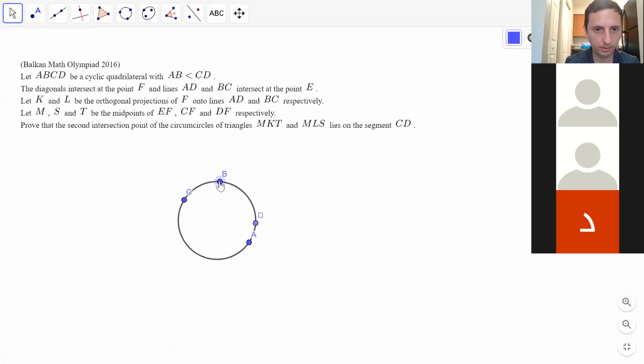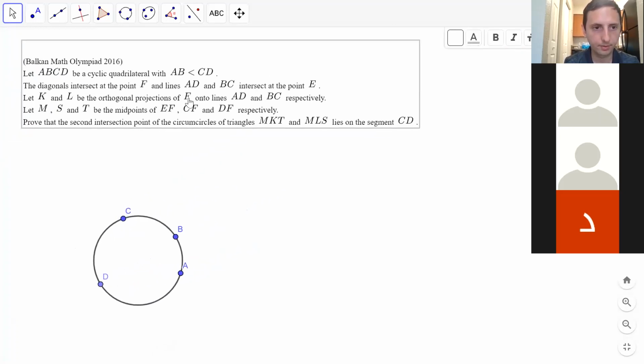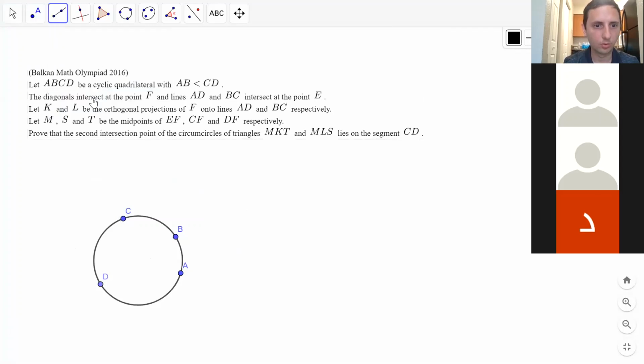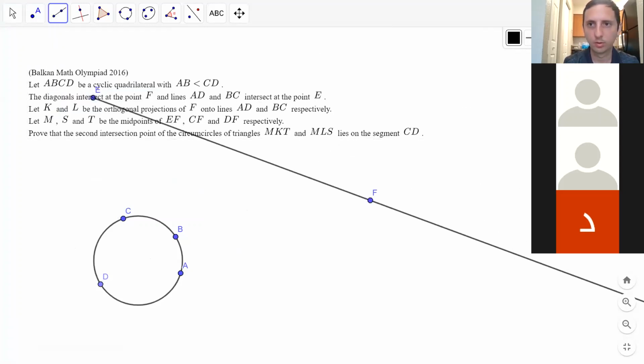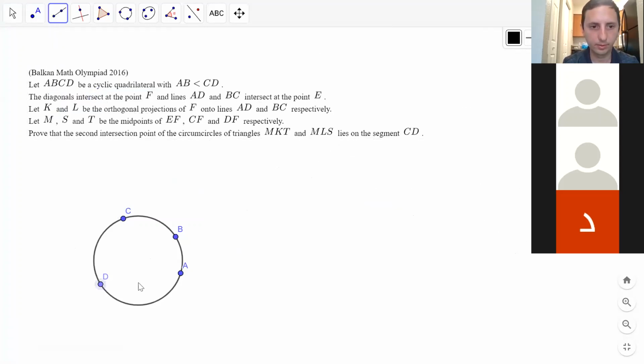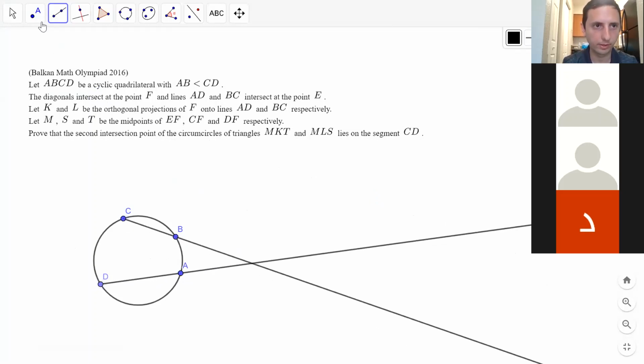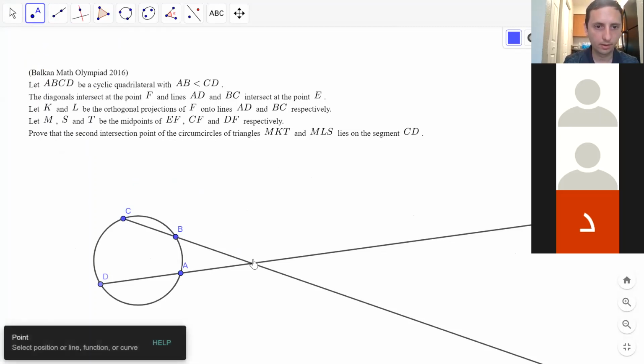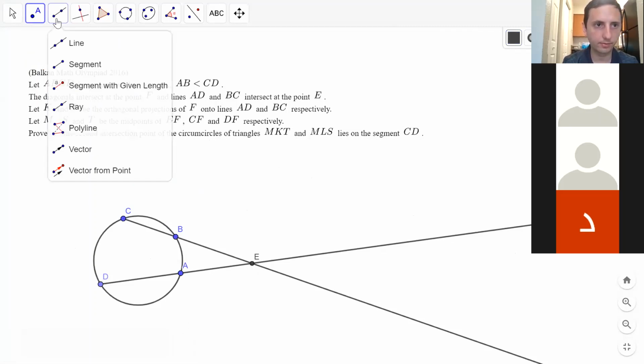Something like this instead. AB, CD. We want to see where AD intersects BC, and that's at point E. And then the diagonals intersect at F.